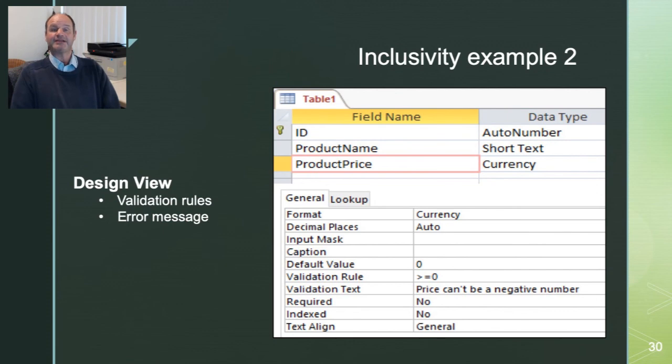In the second image, appropriate validation rules have been entered along with an error message if the data has been entered incorrectly. So any number less than 0 will cause the validation text to be shown, saying price can't be a negative number.